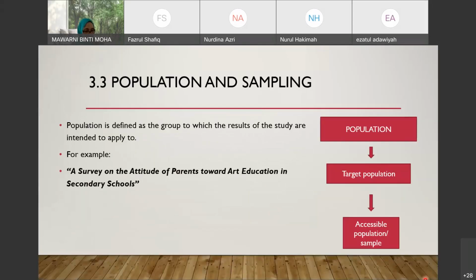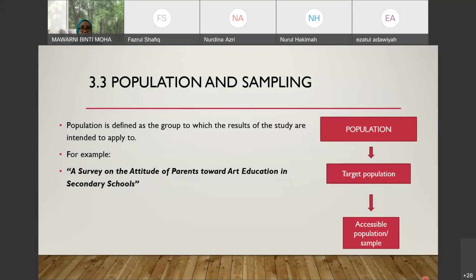Population and sampling. This is also very important. Okay, you understand what a population is and you have decided on who you want to take as your samples or your respondents. Population is bigger, your target population and accessible population or sample is your sampling. For example, you want to do a survey on the attitudes of parents towards art education in secondary schools.